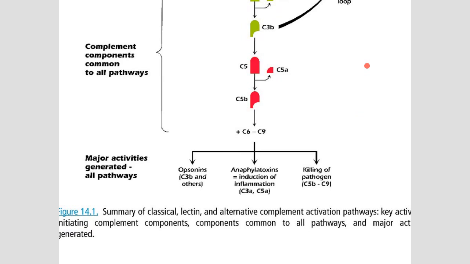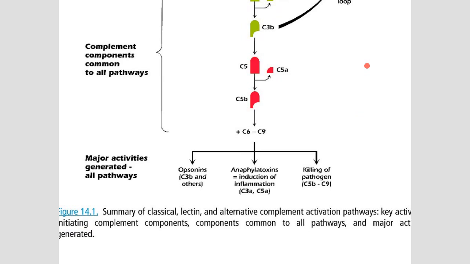So all those classical signs of inflammation are also coming from C3a and C5a. So A is a smaller portion, and these are anaphylatoxins. So C3a and C5a are anaphylatoxins, whereas C3b, just a mnemonic, B is more for binding. So B binds, as compared to A, which is a smaller fragment, and it floats. It goes in the circulation.